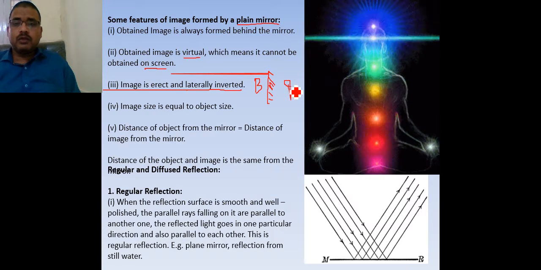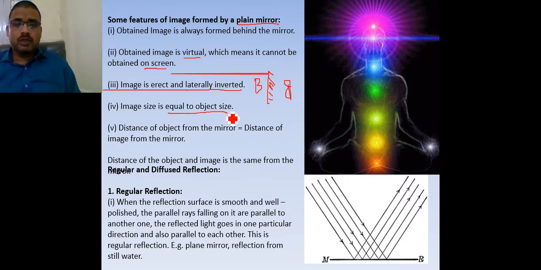You can see it this way. So it is a lateral inversion, since there is no symmetry. In case of A there is a symmetry, so it looks like there is no change. And as I already told, the size of the image is equal to the size of the object.